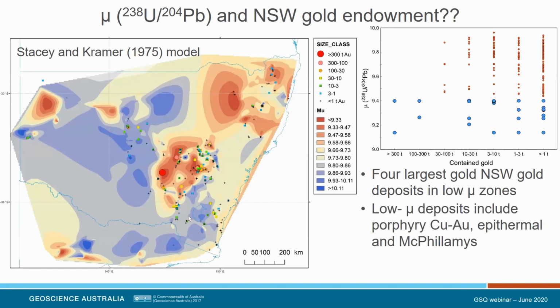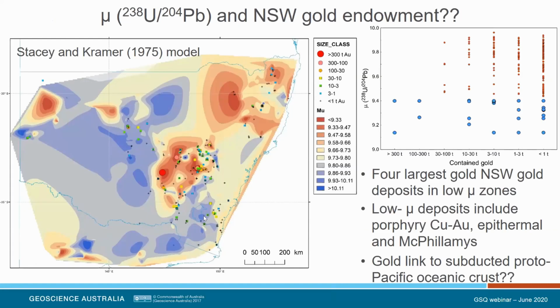The other important thing is that these low mu values include porphyry copper gold, i.e. the Macquarie arc porphyry copper gold deposits, epithermal deposits, and also the McPhillamys deposit, whatever that is. So it applies to a number of different deposit types, and it's more of a generic tool. And the question becomes, is there a gold link to the subducted Proto-Pacific oceanic crust?